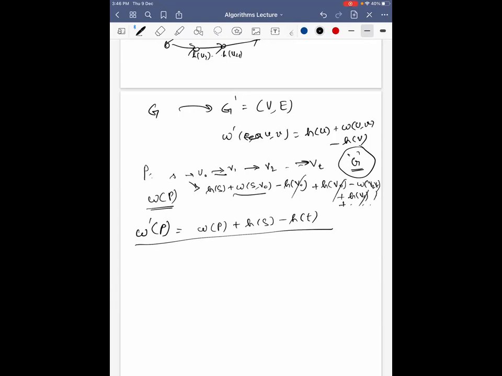These quantities contribute to the weight of the path P in the original graph, and these cancel out except for the first and the last. So this is what you get. Is this clear to everyone, first of all? Yes.